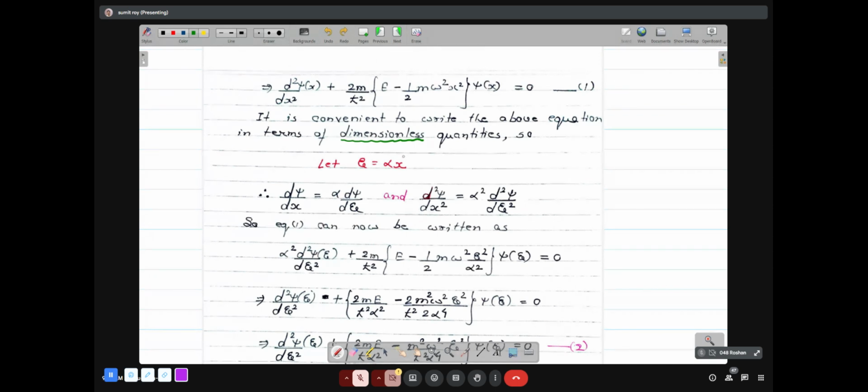The variable here is x, and we are trying to transform the equation into dimensionless quantities. Can you understand this equation?